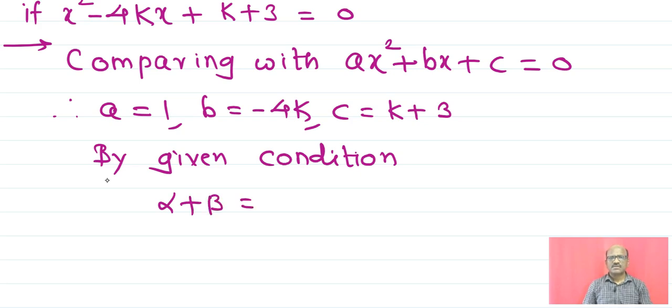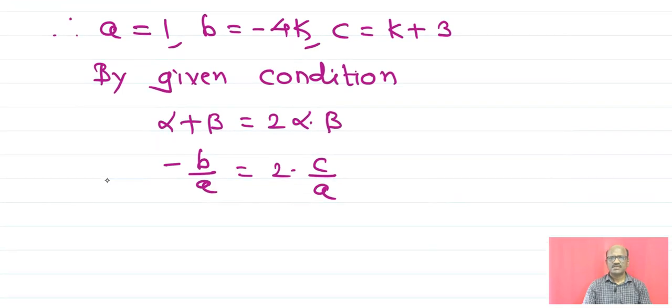alpha plus beta is equal to 2 times alpha into beta. But what is alpha plus beta? Minus b upon a. That is equal to 2 into c upon a.